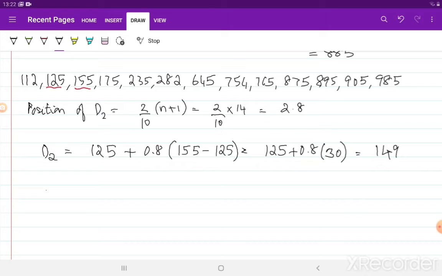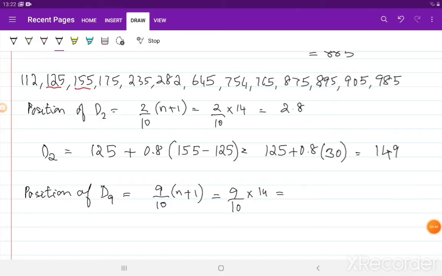The next partition value that they asked us to find out is the 9th decile, D9. Again, the 9th decile will have 9/10 of the total values to the left of it or below it. So, I will write it as 9/10 into (n+1). Since n is 13, that is 9/10 into 14, which is 12.6.